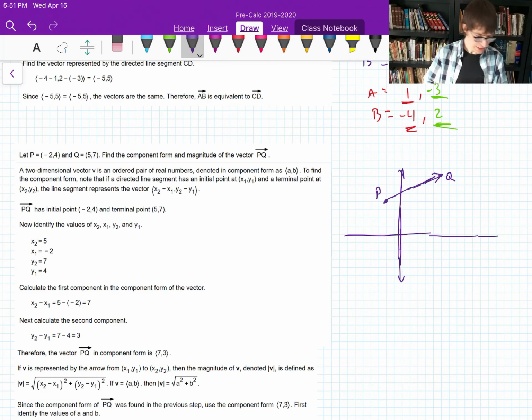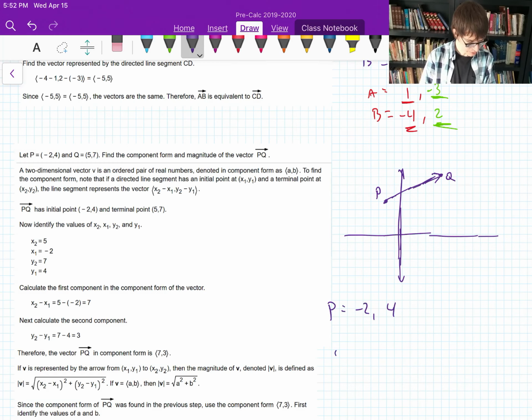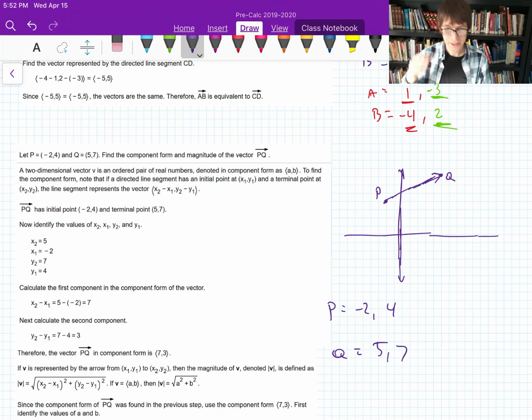The component form is rather straightforward. Well, maybe not straightforward, but once you get the hang of it, it's pretty simple. What you need to do is translate the graph so that P goes to 0. Right now we have P equals -2, 4, and Q equals 5, 7. I want P to become 0, 0. So here's what I'll do.